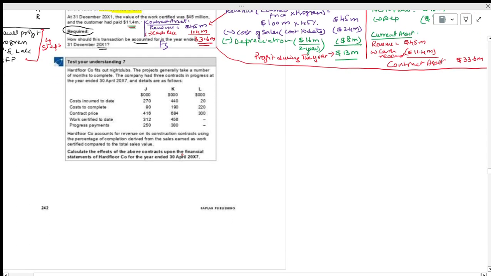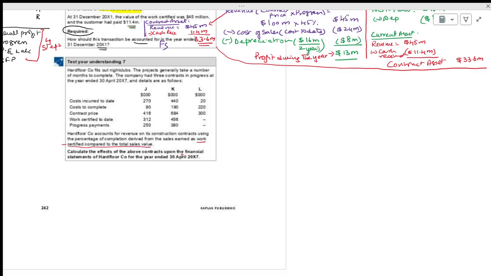Hard floor company accounts for revenue and its contribution using the percentage of work completion from the sales earned, as work certified compared to total sales value.